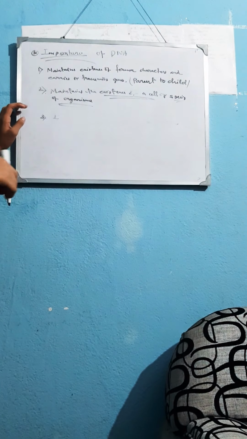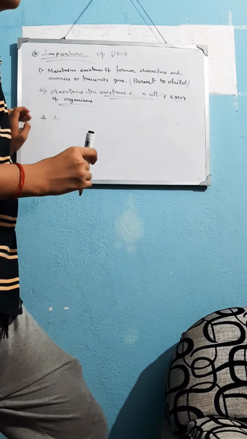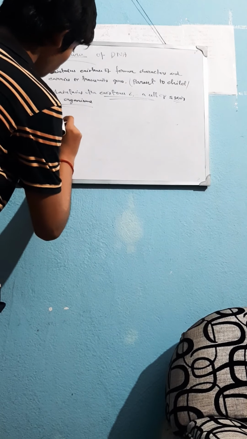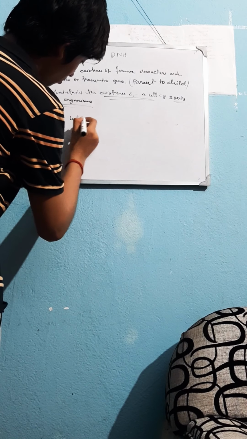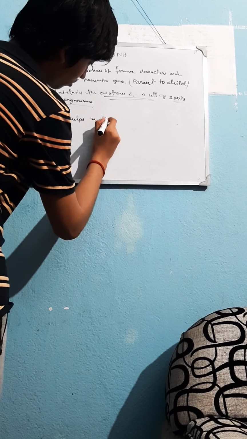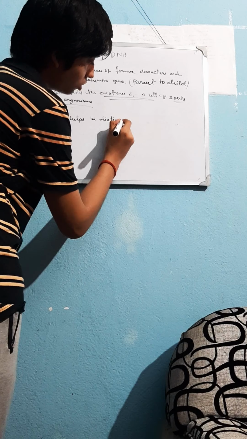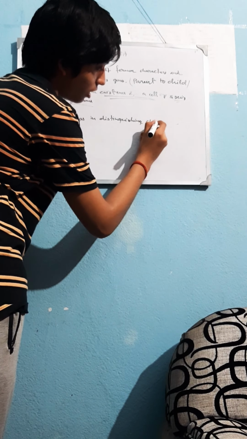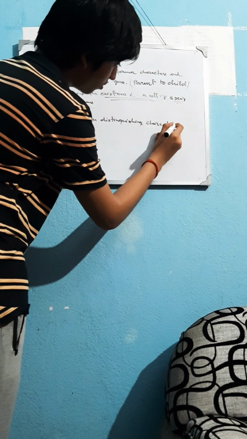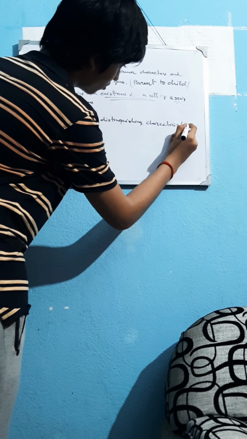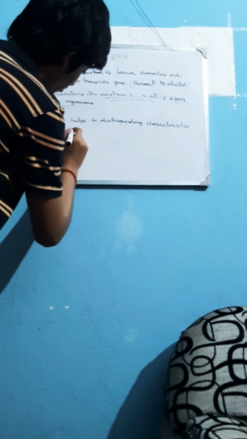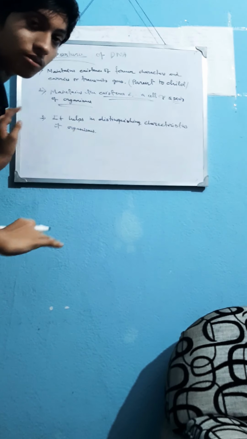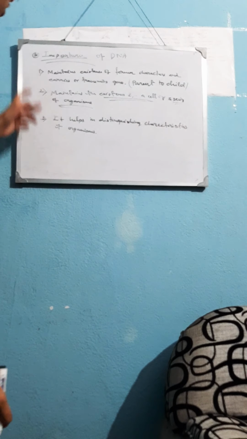You can also simplify the whole thing by saying that DNA helps in distinguishing organisms, or distinguishing characteristics of organisms. Fine. So these are the three main importances.